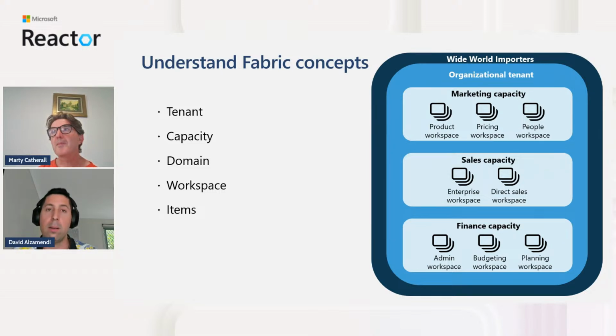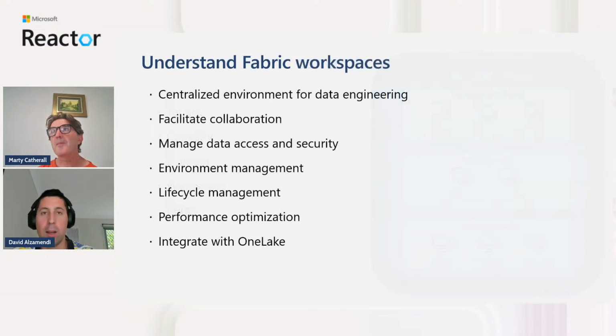Within a workspace is where you're going to create the Fabric items. So when we talk about Lakehouses and Data Factory pipelines and Power BI reports and semantic models, all those Fabric items are going to be hosted within a workspace. So now we have the two groups, right? We have the Fabric capacities and we have the workspaces.